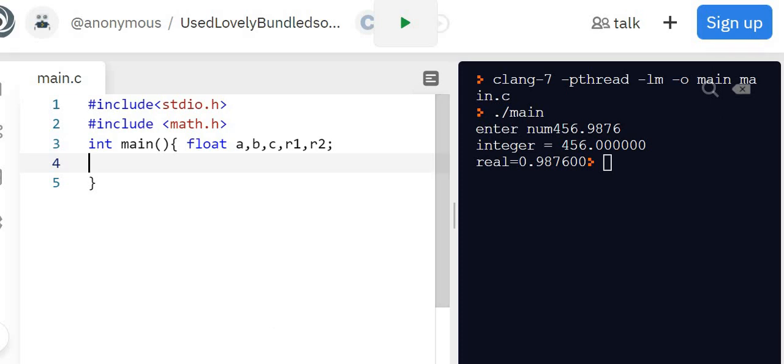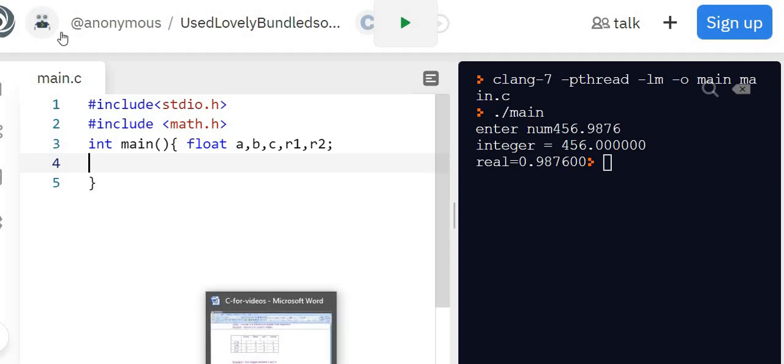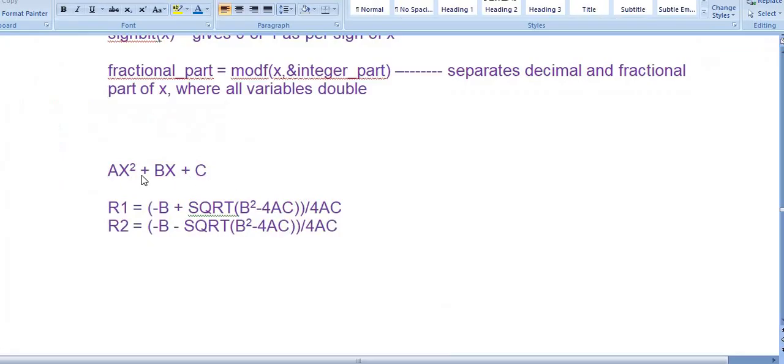We know the formula also. So for the equation ax square plus bx plus c, we have to give the values of a, b, c, and the roots are minus b plus square root of b square minus 4ac upon 2a, or minus b minus square root of b square minus 4ac upon 2a.